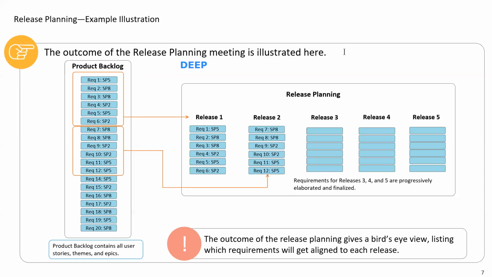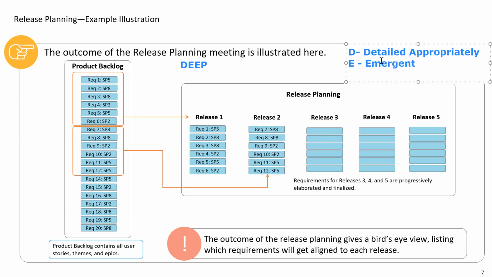D stands for detailed appropriately, E stands for emergent, another E stands for estimable, and P stands for prioritized.